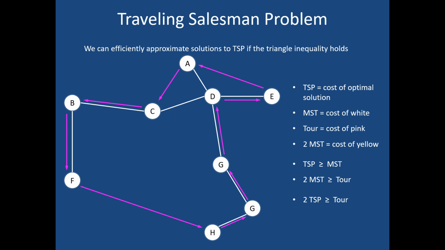TSP is greater than or equal to MST, so multiplying both sides of this by 2. And then, so in the end, what you get is that we're within a factor of 2. So the bottom line is, if you use this algorithm to solve the traveling salesman problem, when the triangle inequality holds, you're off by a factor of at most 2.